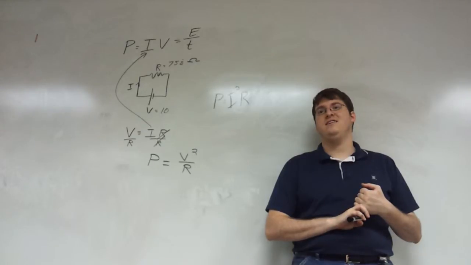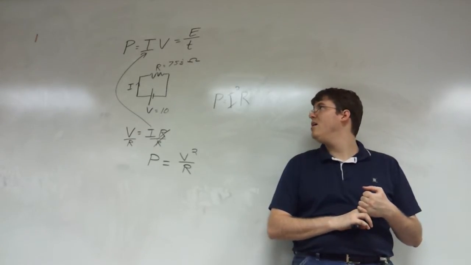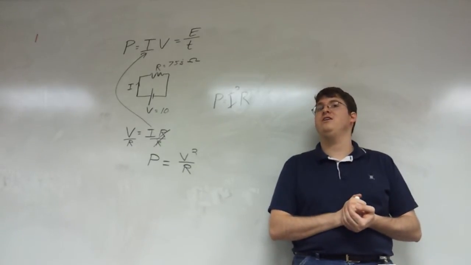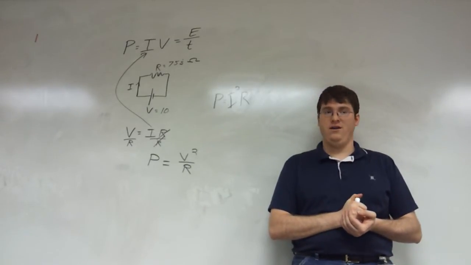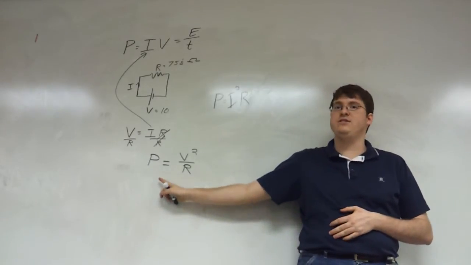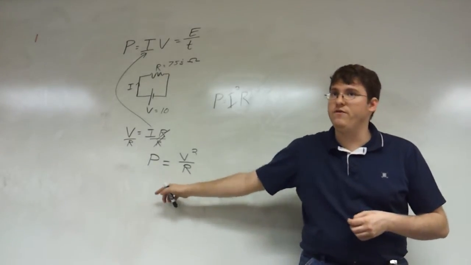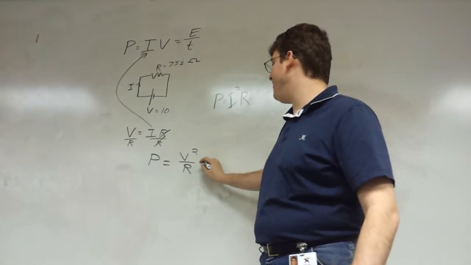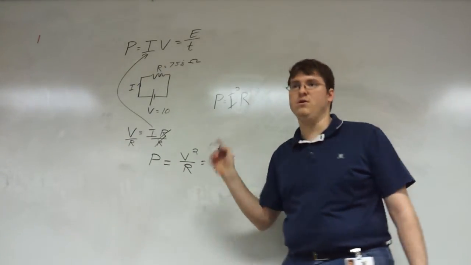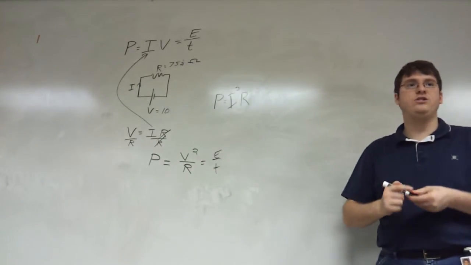I would use V squared over R. Yeah, you would use V squared over R, but I asked you how much energy. Remember, power and energy are not the same thing. If you're solving for energy, you have to use the other definition of power, energy per time, set them equal, and you're good. Anybody have any questions?